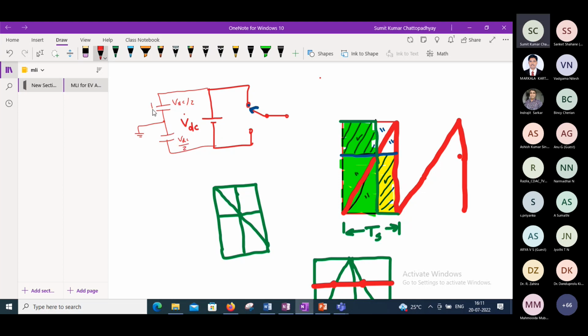So plus VDC by 2 and minus VDC by 2. So when we connect the load in between, but for the three-phase system, you can see that this virtual neutral is not connected, simply because of the line-to-line voltage that finally appears to the load, right? So for just a single phase analysis, we're assuming that this load is connected in between this midpoint and here.